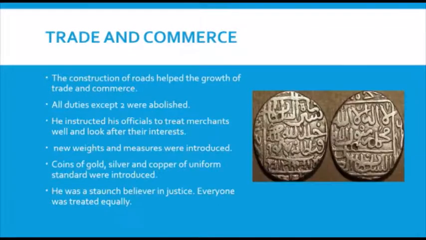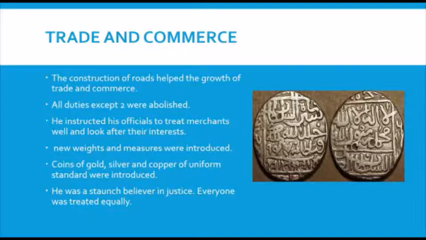Now, trade and commerce. The construction of roads and sarais, meaning rest houses, greatly helped the growth of trade and commerce. To give trade a further boost, all duties except two were abolished. The first duty was levied when the goods were brought into the country, and the second was levied when the goods were sold.